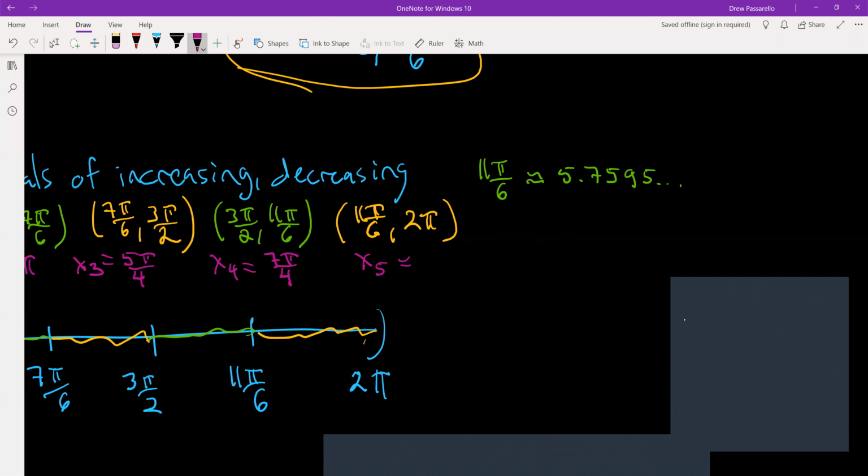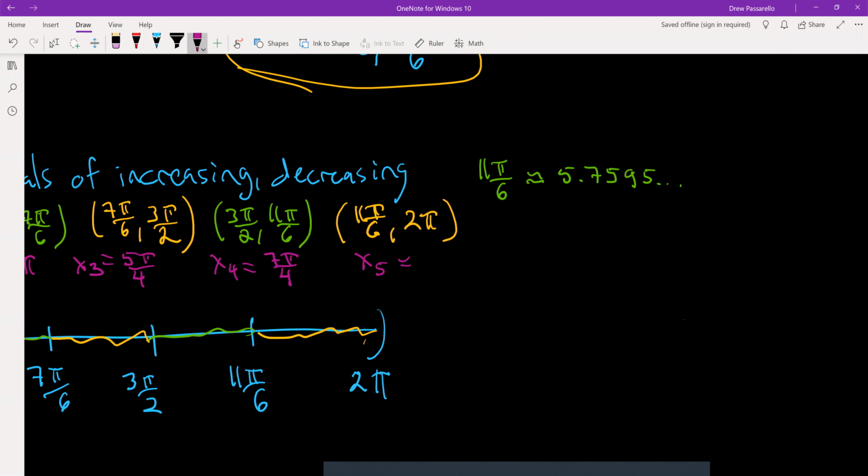All right, so 11 pi over 6 is approximately 5.7595, and it's like 86 and keeps going. So a value I can pick that's more than that, I could choose 5.8. And that's my choosing as long as it does not exceed 2 pi.